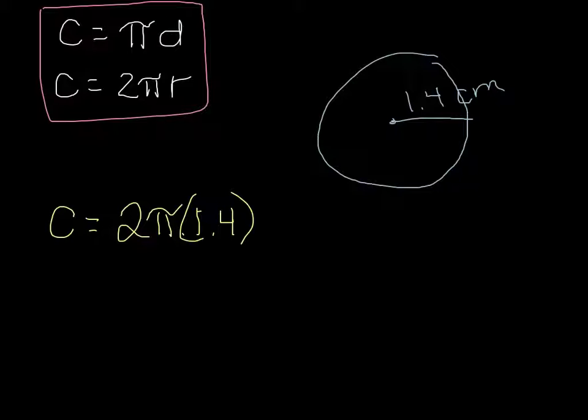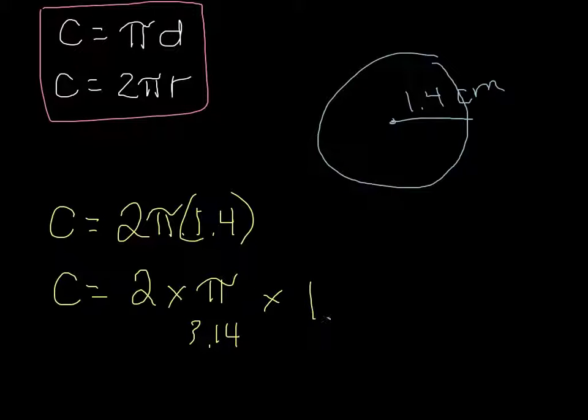For this lesson you can use a calculator. So what you would type into your calculator is just the exact equation. This involves more than one step, but remember order of operations. What this equation represents is 2 multiplied by pi, or 3.14 if you don't have the pi button on your calculator, multiplied by 1.4.